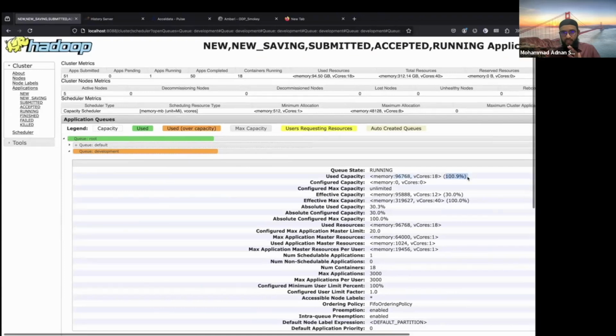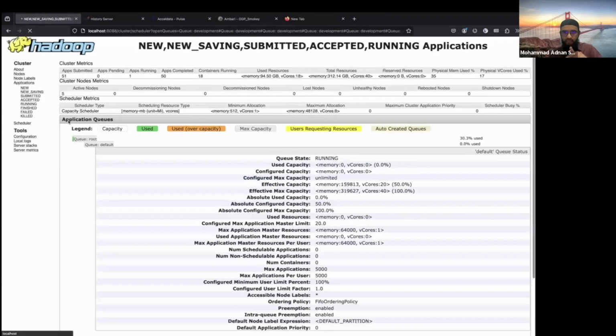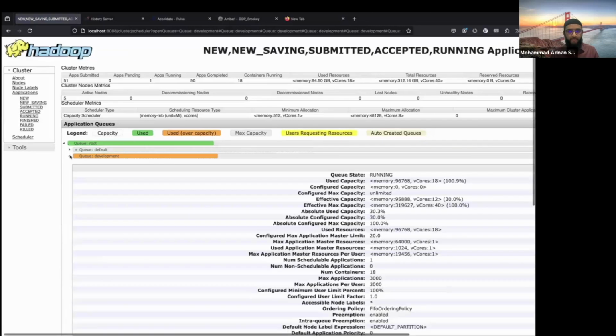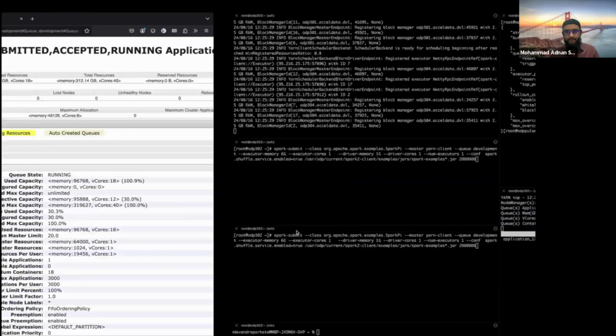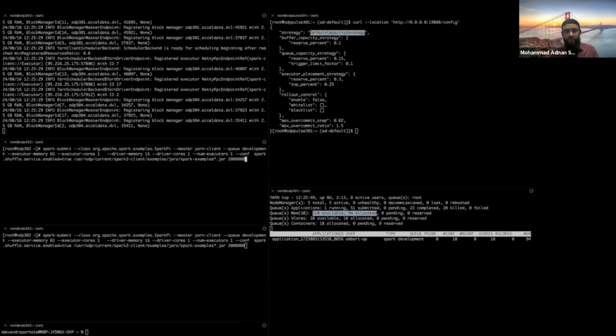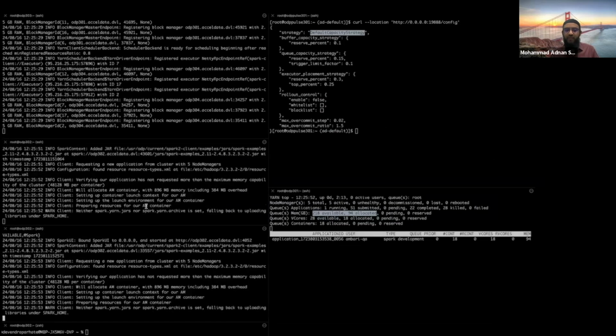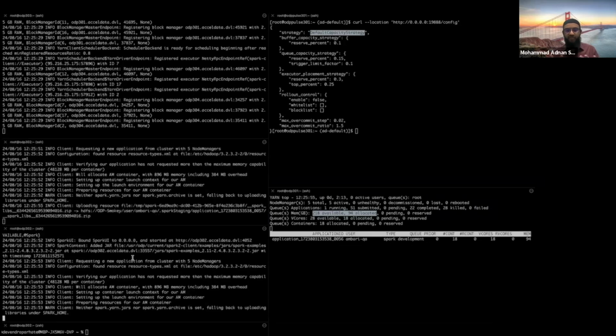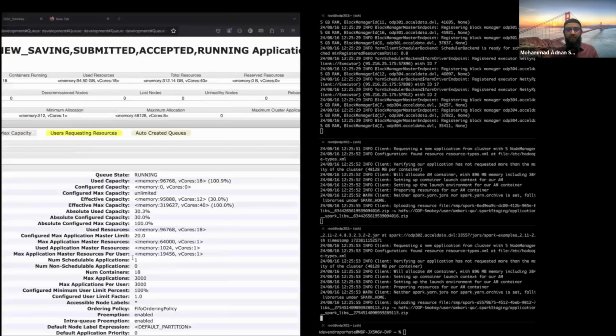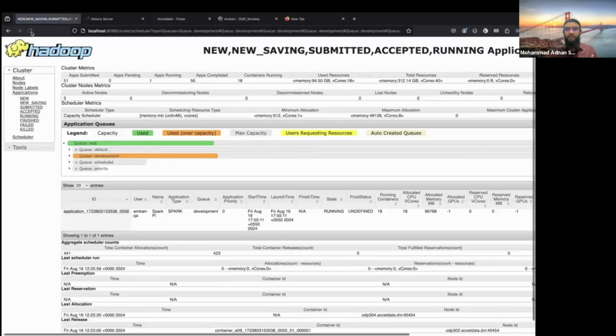So 95 GB is the effective capacity, and we have utilized more than 95 GB. Now we'll run a few more jobs in the same queue, and eventually, because of lack of resources, we will see all these jobs stuck in accepted state.